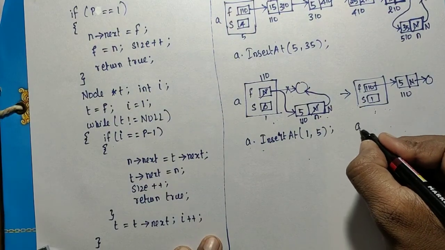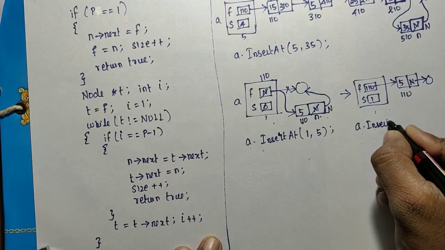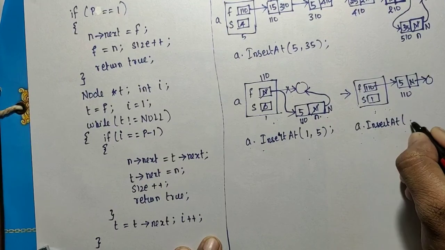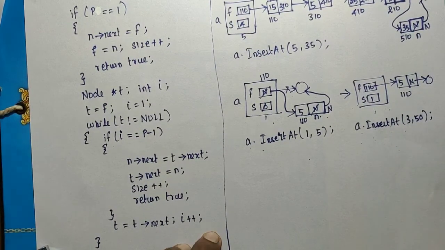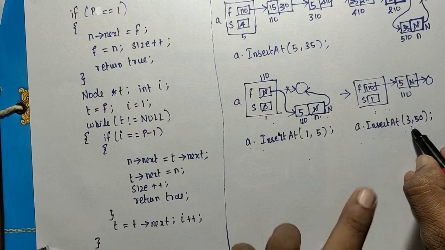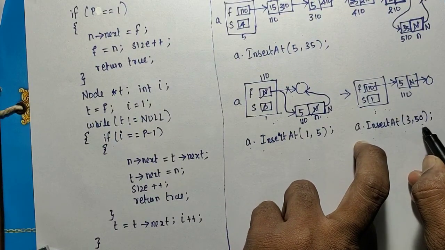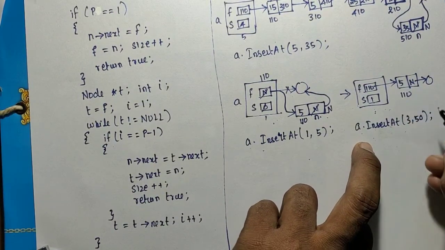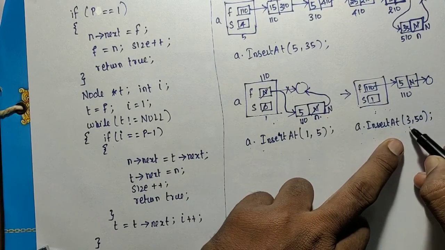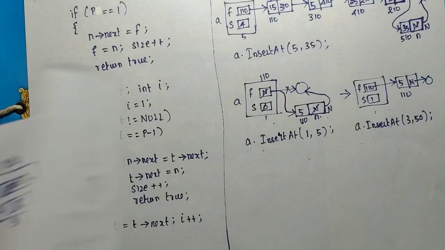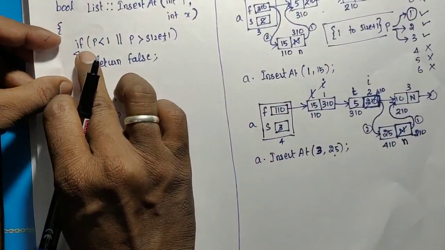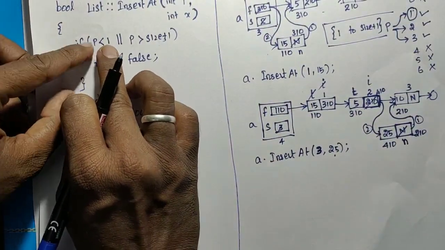Now if you are calling a dot insert at 3 comma 50, 3 means you are going to insert 50 as the third node. But here only one node is there. So you can insert 50 at the second node, but we cannot insert 50 at the third node. In that case, it will be checked here itself. p is less than 1 is false.